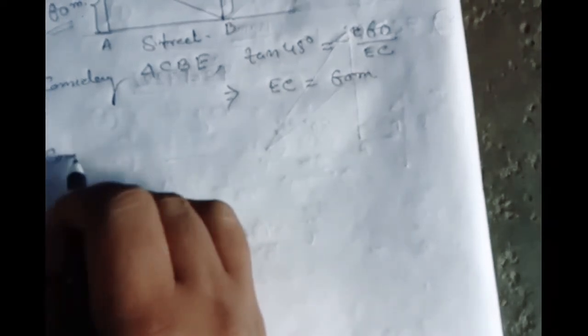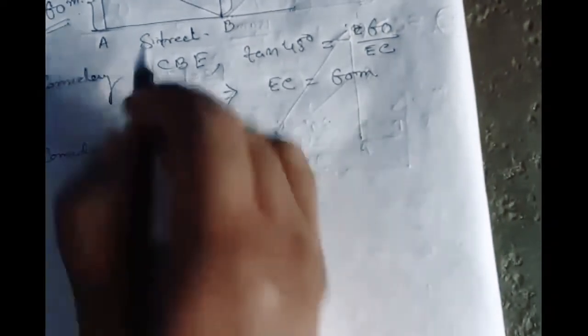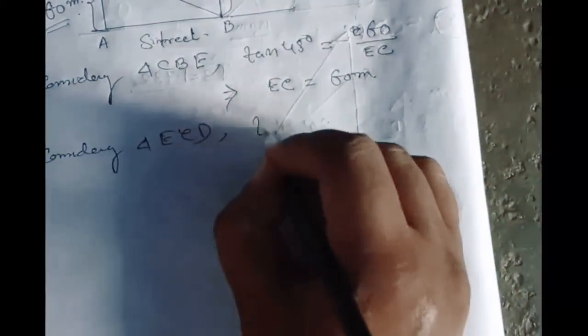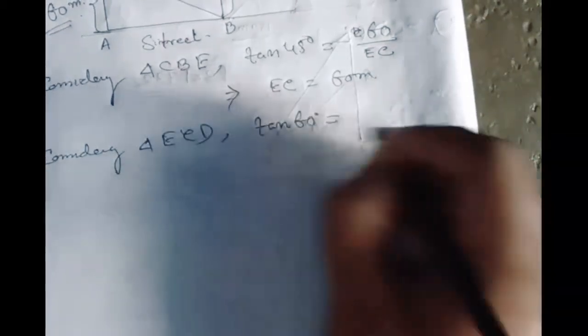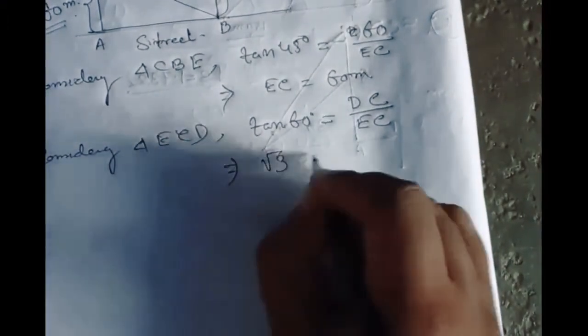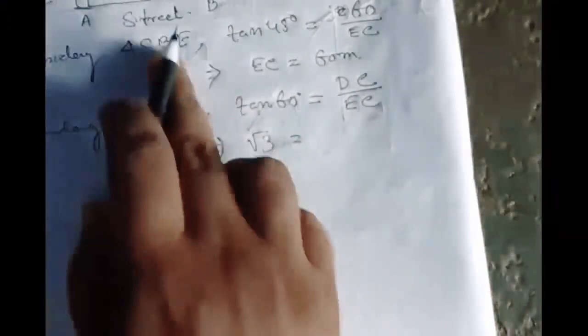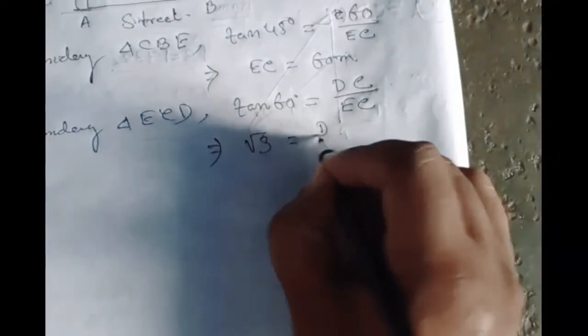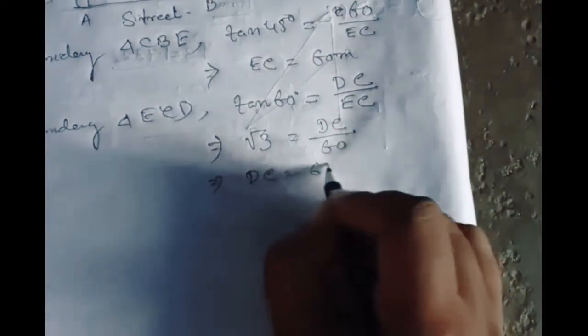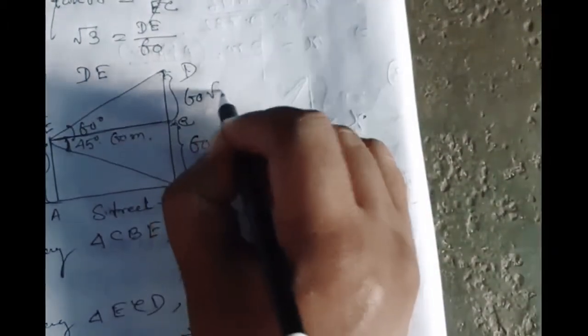Now considering the triangle ECD, tan 60 degree is equal to DC by EC. Root 3 is equal to DC by EC, and EC is equal to 60. So DC is equal to 60 root 3 meter.